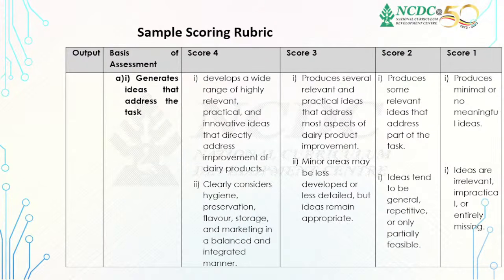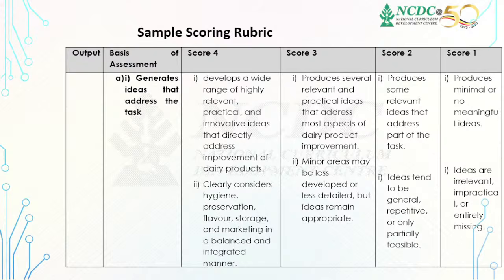So here we are going to look at just one element of the scoring rubric, and I have chosen the generation of ideas. We are looking at developing a wide range of highly relevant, practical, and innovative ideas. Like we have said, this is value addition. There must be innovation.